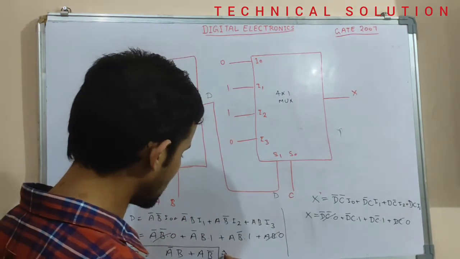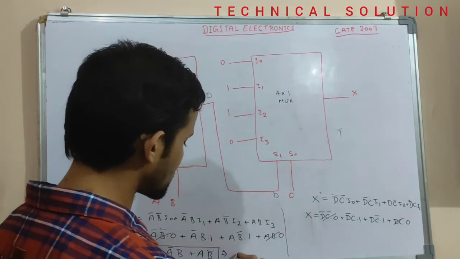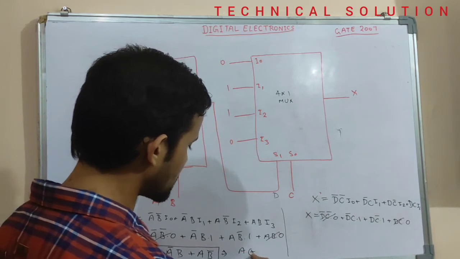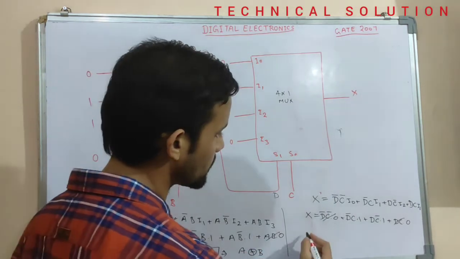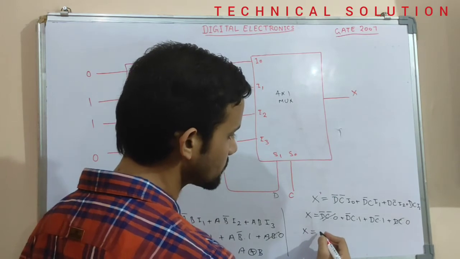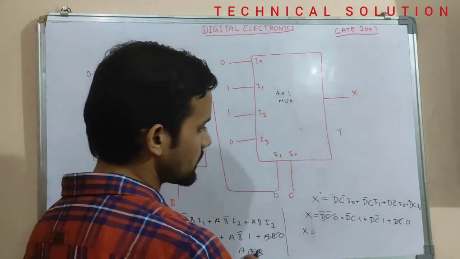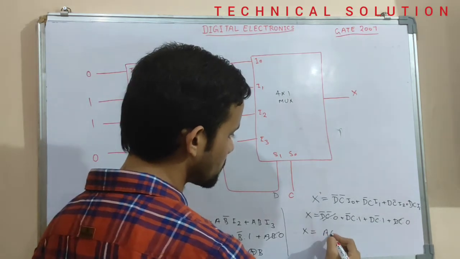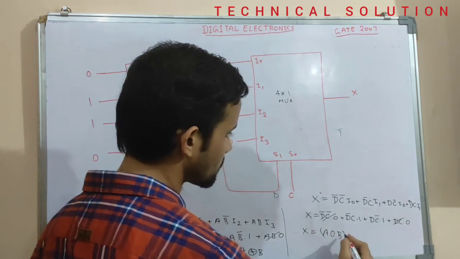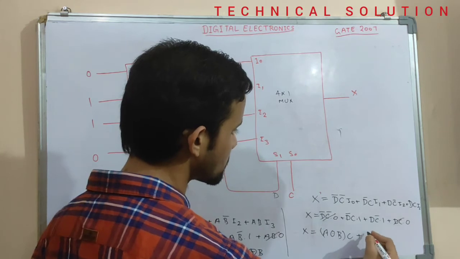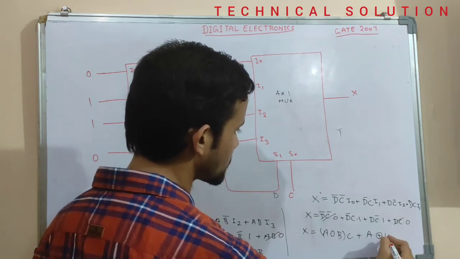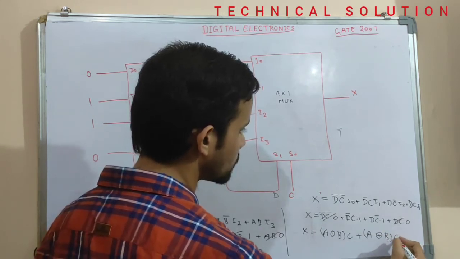We can also write A bar B plus A B bar as A XOR B. So x equals the complement of A XOR B, which is A XNOR B, into C, plus A XOR B into C bar.